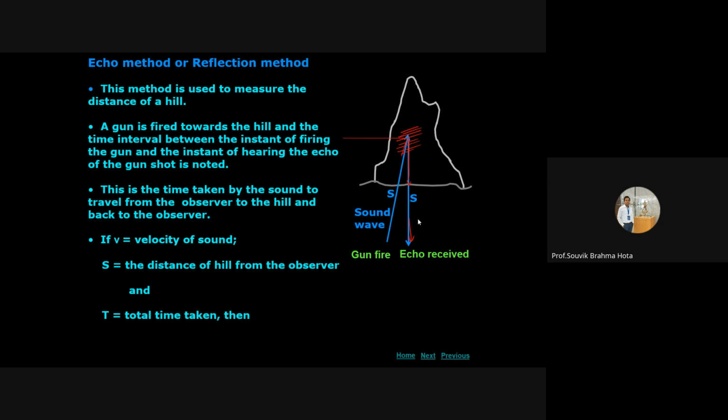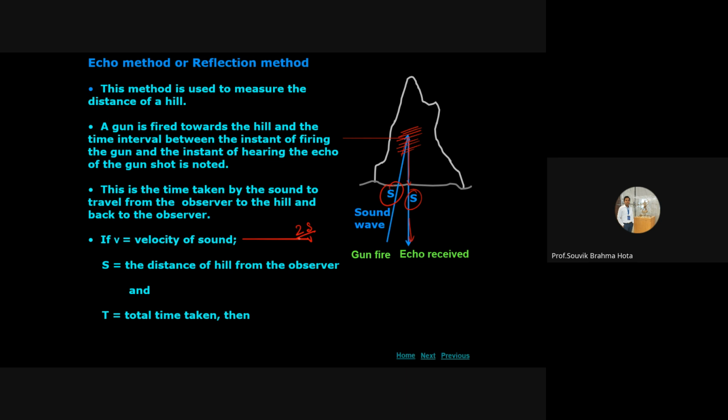If t is the total time, then what is time? Velocity is equal to displacement by time, so time is equal to displacement by velocity. The displacement for going is s, and coming back is also s, so 2s. So 2s by v is the time.